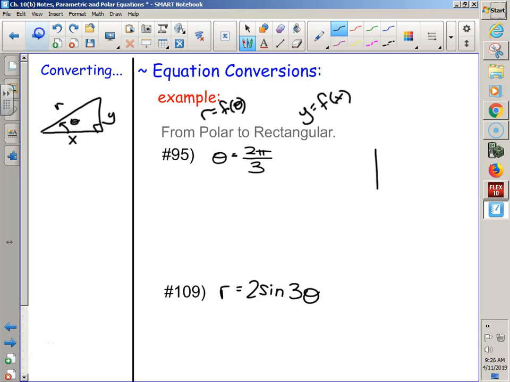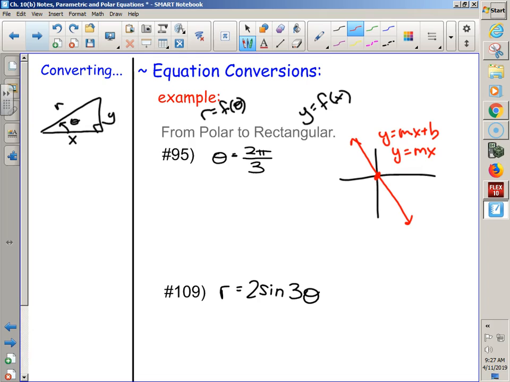You could do this a couple ways. Couldn't you actually graph this and figure out the line? Oh, I just need a y equals mx plus b, don't I? And wouldn't it go through the pole? So I could say y equals mx, because b is 0, but how do I know the slope? What did we learn in section 10.1 about the slope?